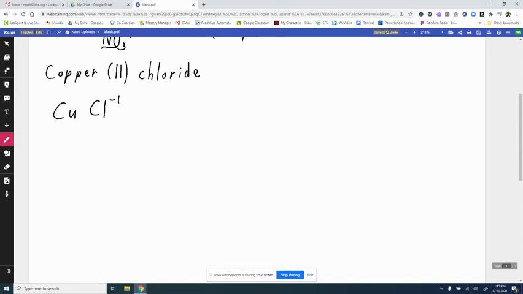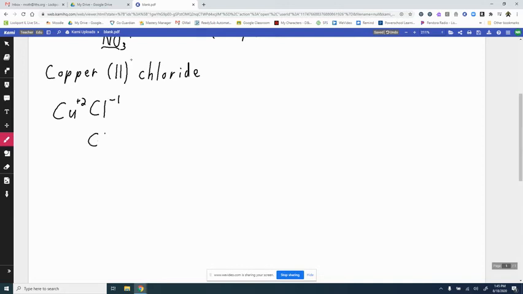Now, the copper, since it has this Roman numeral, okay, that means that is its positive charge. So since it's Roman numeral 2, that means it will have a charge of +2, just like that. Okay, so that means since we have +2, -1, we've got to do the same thing.